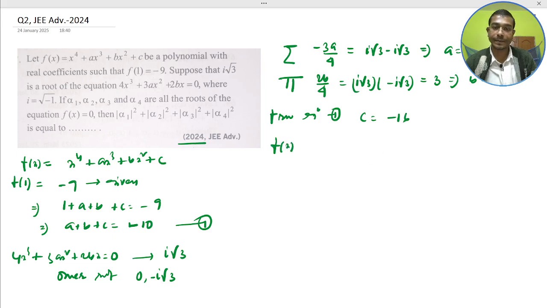So f(x), the biquadratic equation x to the power 4, is given.